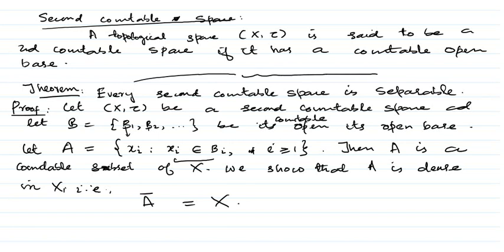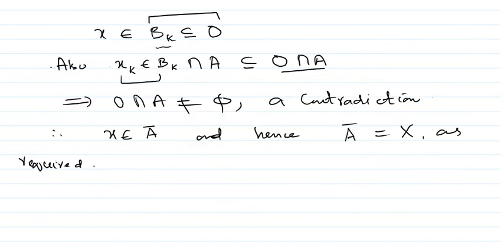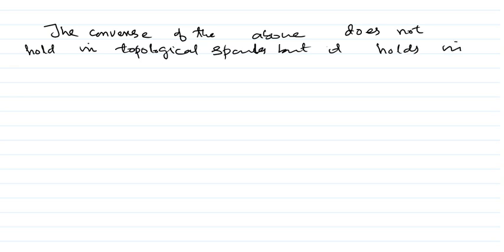In metric spaces the converse holds, meaning if you have a separable metric space then that separable metric space must be second countable. So the converse of the above theorem does not hold in topological spaces, but it holds in metric spaces.